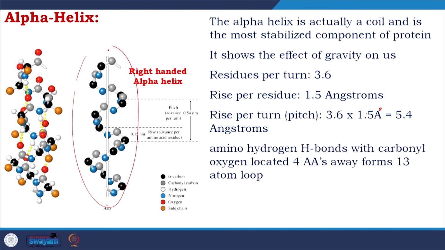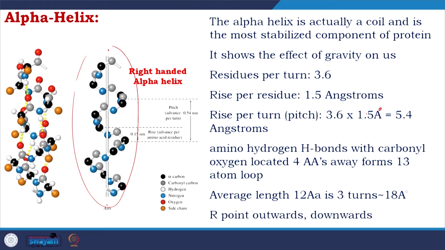The amino hydrogen bonds with the carbonyl oxygen located 4 amino acids away, forming a 13 atom loop. The average length of 12 amino acids is 3 turns and approximately 18 angstrom. The R group, the side chains, point outward, generally downwards.